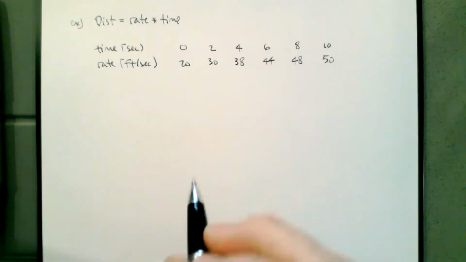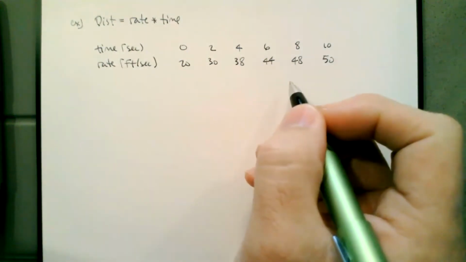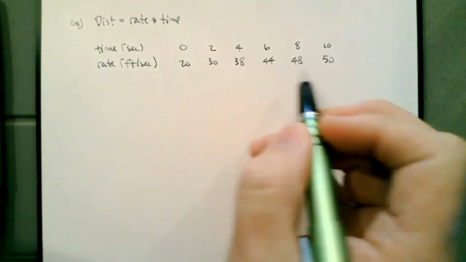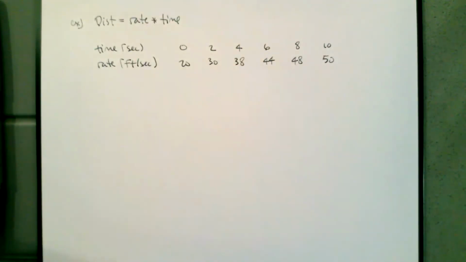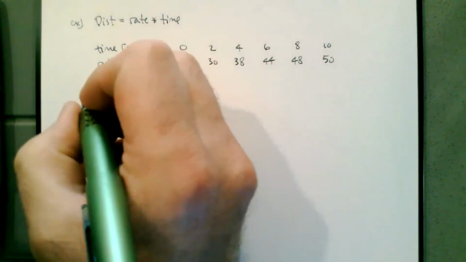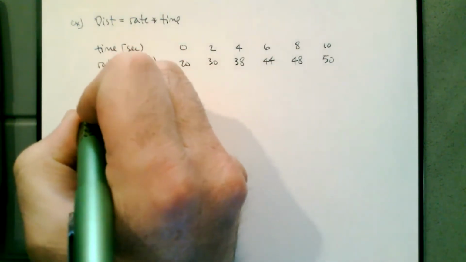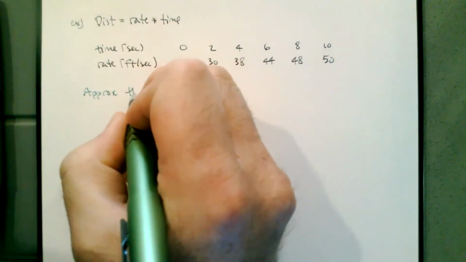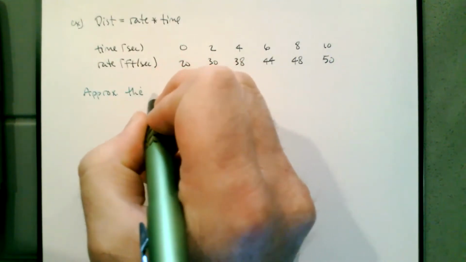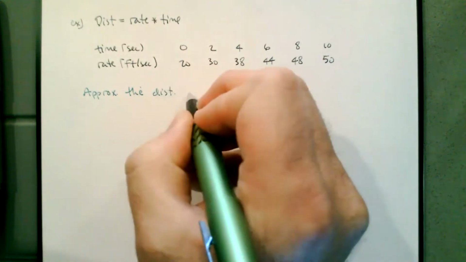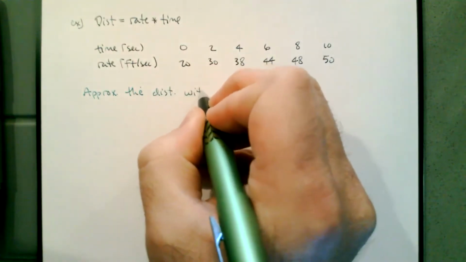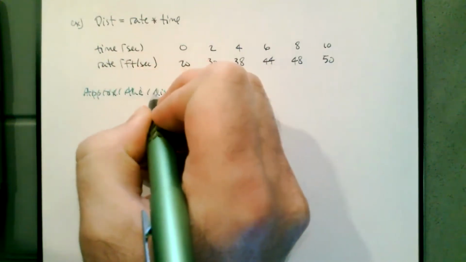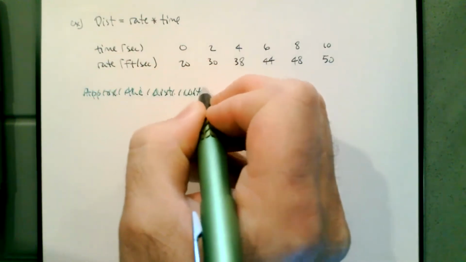So let's approximate the distance using a lower bound. On each of the 2-second intervals, we'll use the lower of the rates.